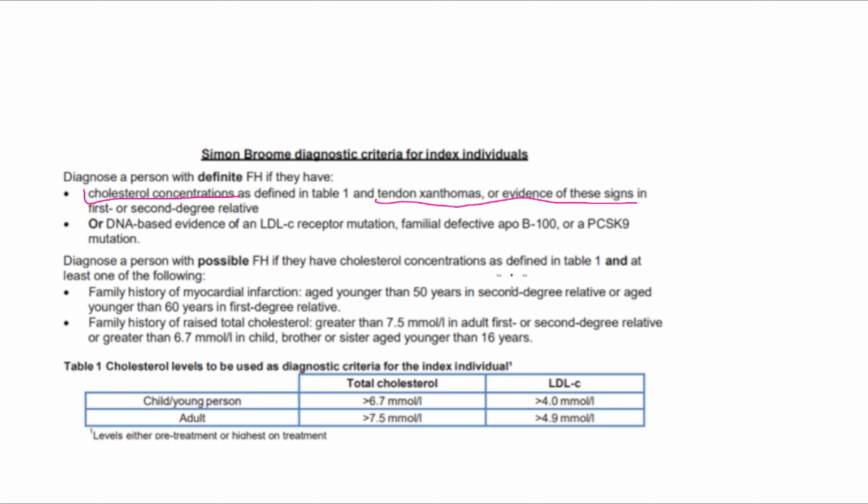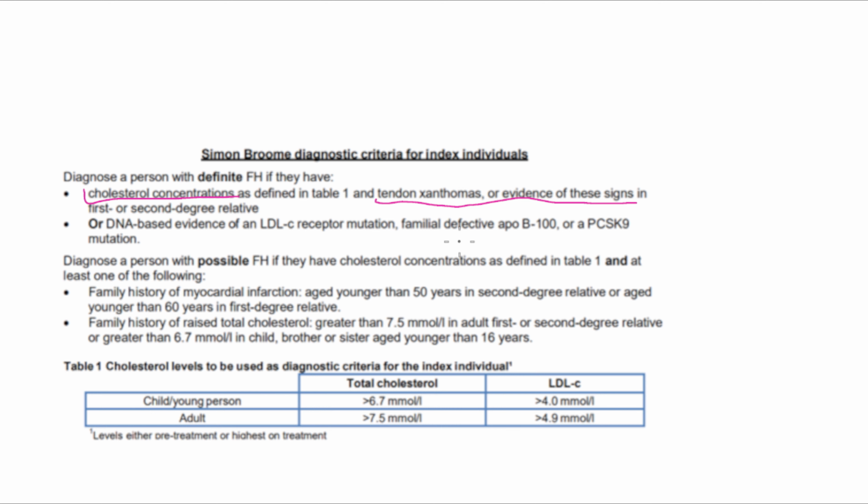The second criterion to make a diagnosis of definite familial hypercholesterolemia is DNA-based evidence of LDL-C receptor mutation.